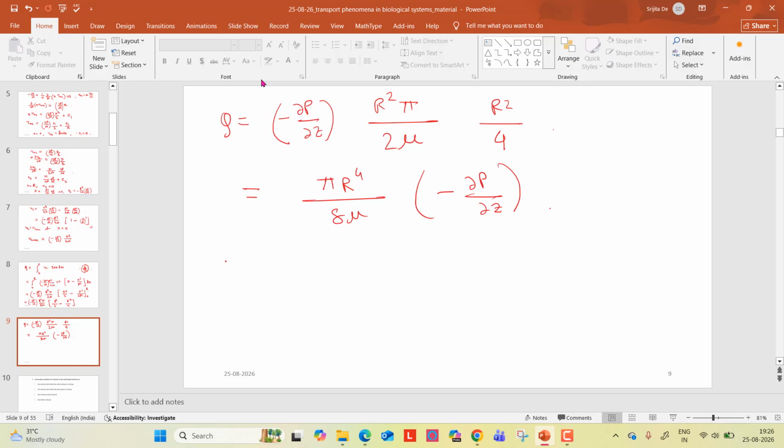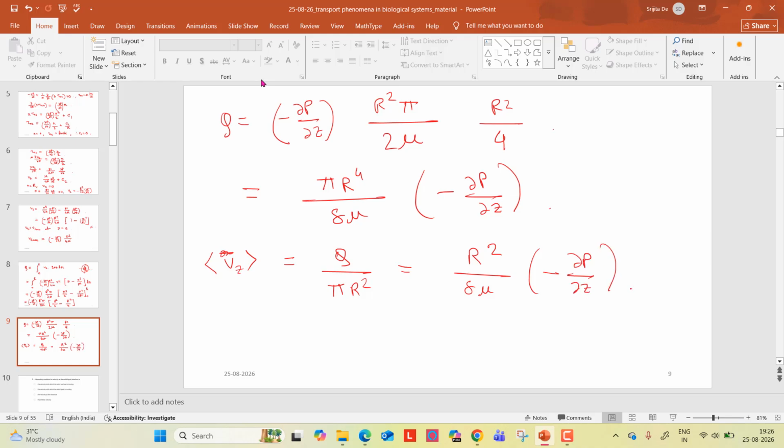And what will be the average velocity then? Average velocity, you can write it like Vz average. It will be Q and its area. Area is pi r square. So now you can say this. So it will be r square by 8 mu minus del p del z.